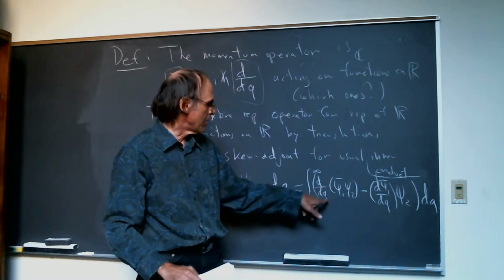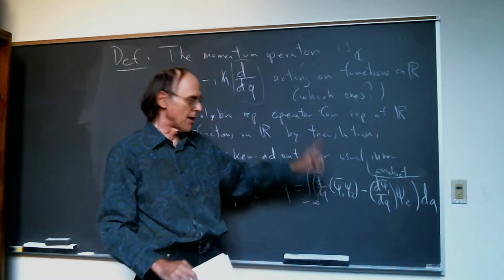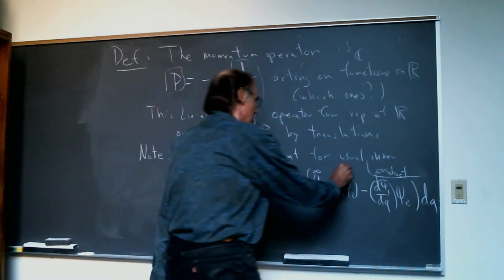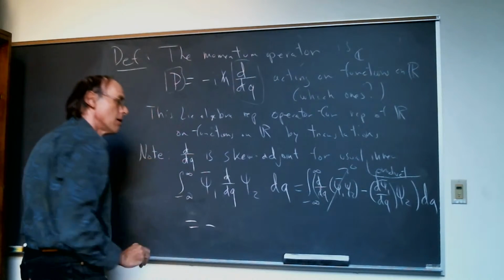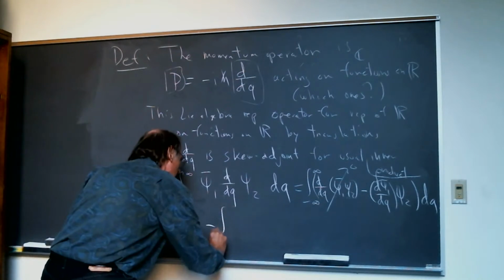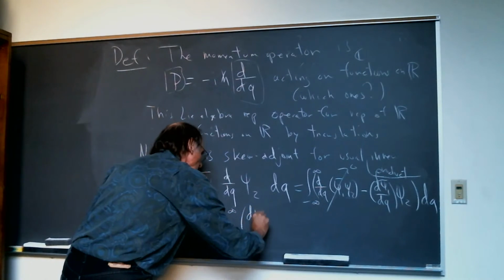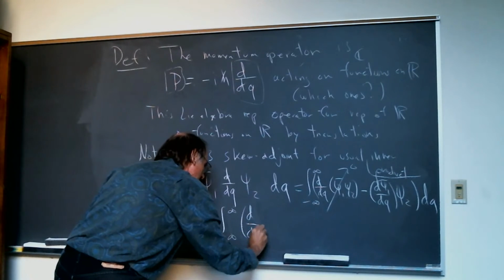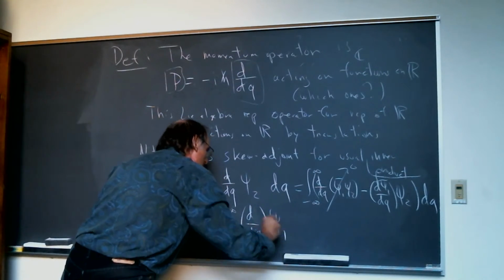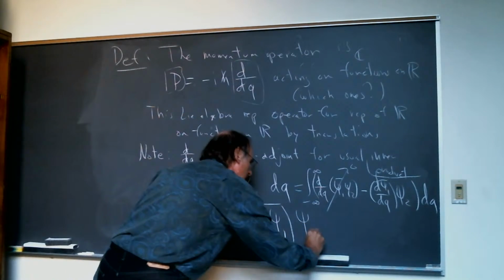So this is just the difference between the value of this at plus and minus infinity, which is going to be 0. So this goes away, and this is equal to minus the integral of psi 1 times the derivative d/dq of psi 2 bar.